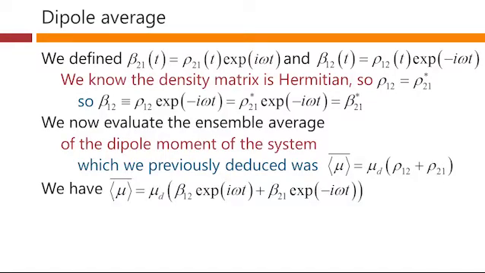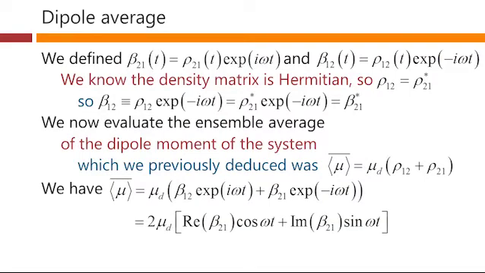And here we have, substituting using these expressions here, that means that the dipole moment ensemble average is this number times these two terms, just substituting for the off-diagonal density matrix elements. And equivalently, because of this relation here, we can rewrite that in the following form with just a little algebra between these two lines, where this is the real part of beta 21 and this is the imaginary part of beta 21.